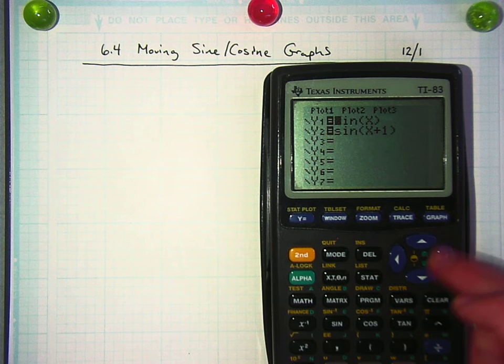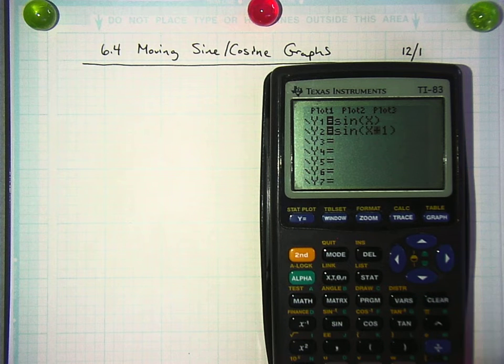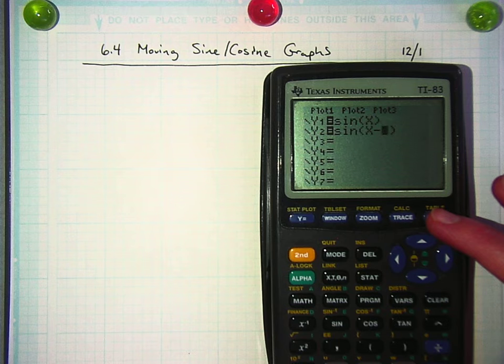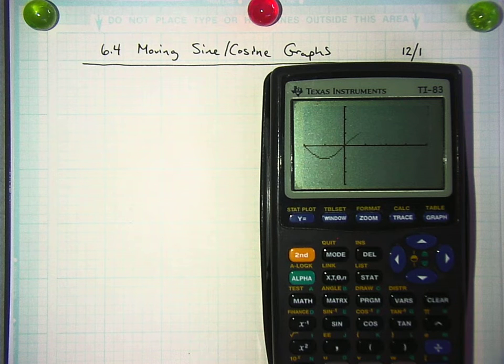What if we want to move it to the right 1 instead? What should we change about this? Minus 1. All right, so everybody change it to a minus 1. There's our original. And that time it moved to the right 1.